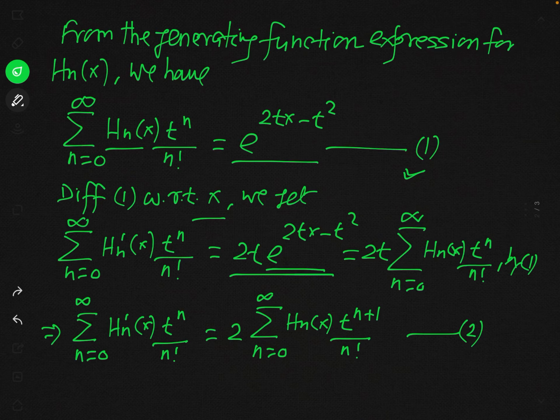So we must take n equal to n minus 1 in RHS to get t raised to the power n. So when we will take n minus 1 instead of n, then the coefficient of t raised to the power n in RHS will be Hn minus 1 of x over n minus 1 factorial.